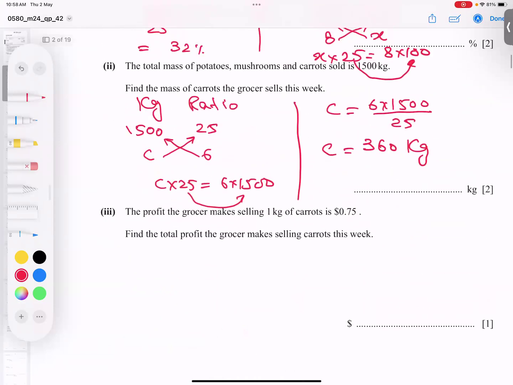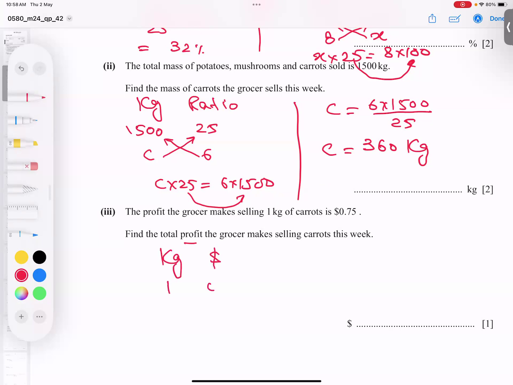Next part. The profit the grocer makes selling 1 kilogram is given: for 1 kilogram, when he sells, he gets a profit of $0.75. We need to find the total profit the grocer makes selling carrots this week. Again, two titles: kilograms and dollars.